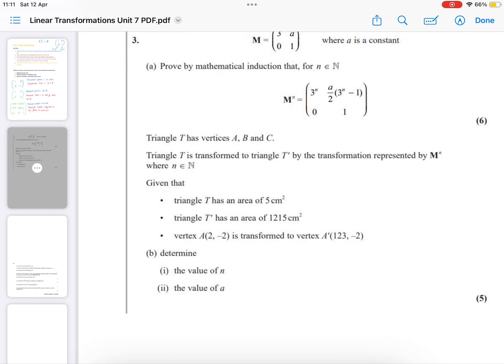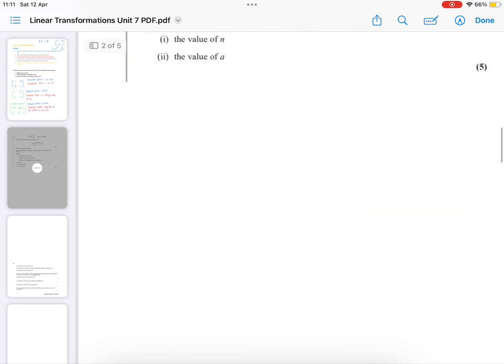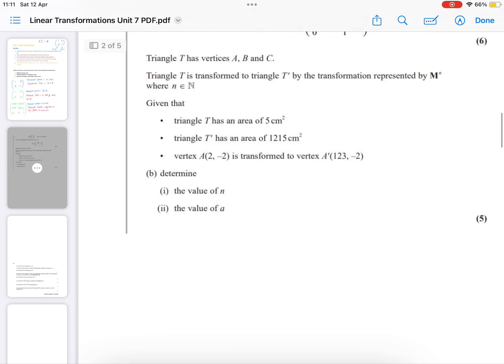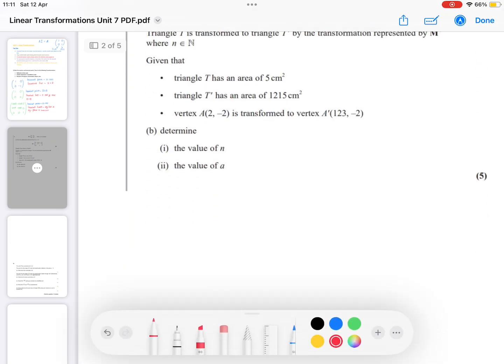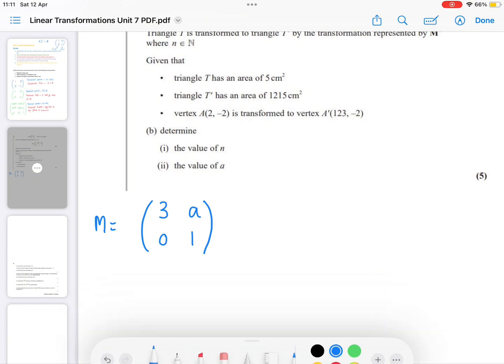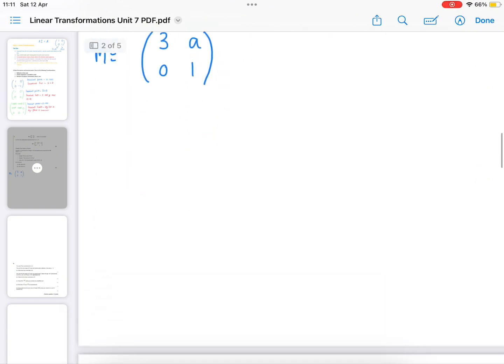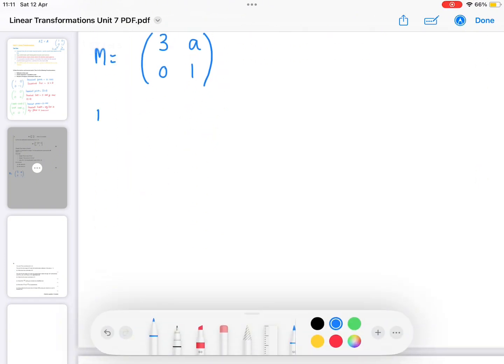So for the proof by induction, we've been given M is (3, a; 0, 1), and step 1 is going to be proving the base case.